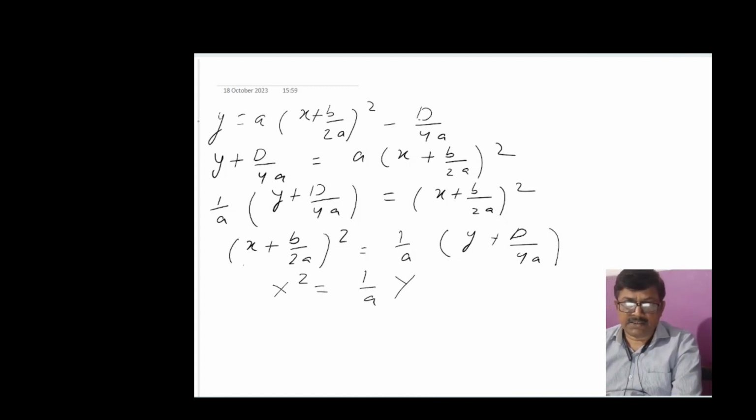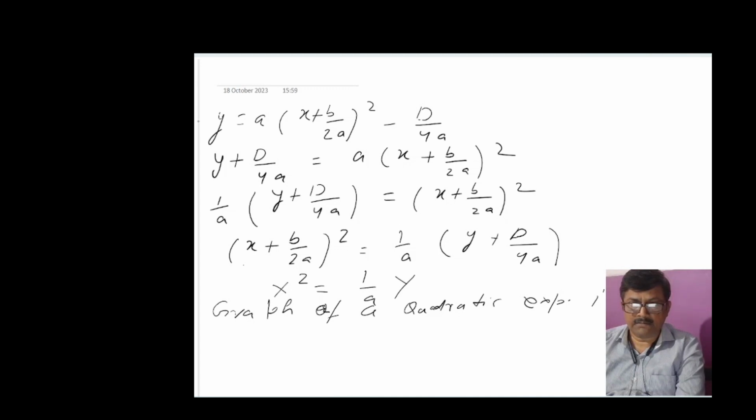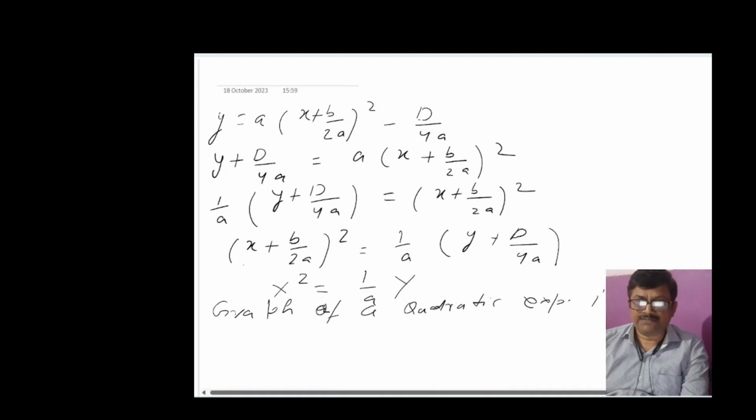So the graph of a quadratic expression is a parabola, correct?